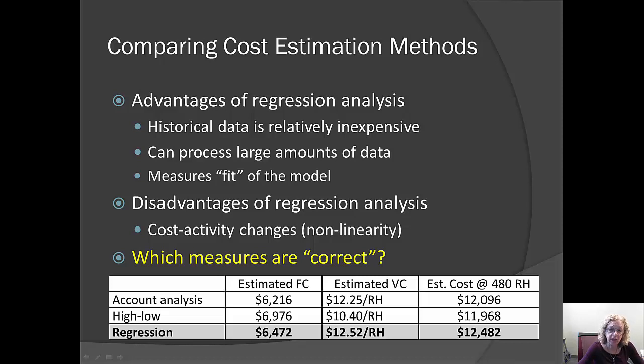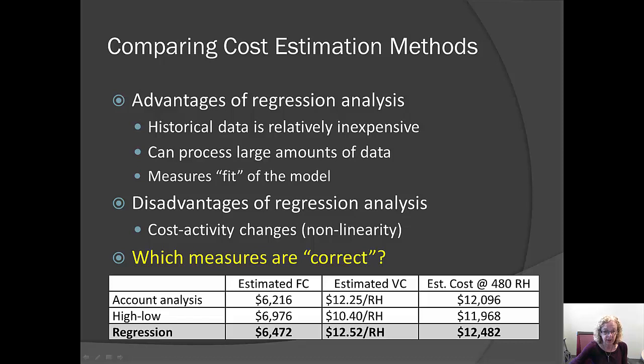So which measure is correct? To answer that question, we would need to know what the true values are. And if we knew the true values, we wouldn't need to use a cost estimation method. So that question is unanswerable.